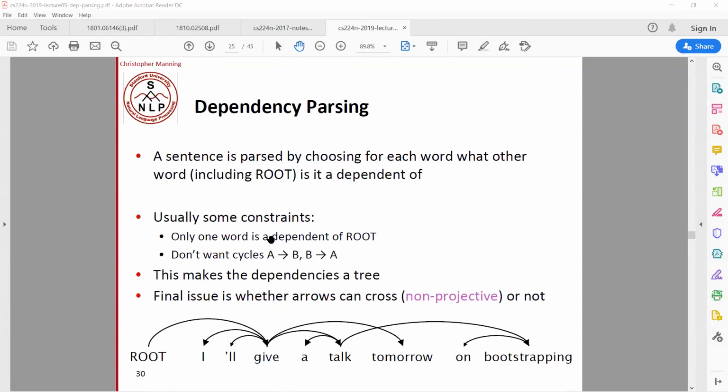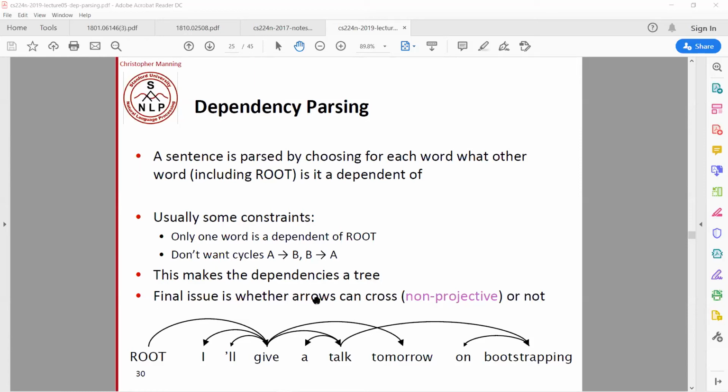Only one word is a dependent of root. So that's one of the rules, that the root can only point to one place. We don't want any cycles, so arrows can't come back around. And that's what makes it a tree, the acyclic nature.